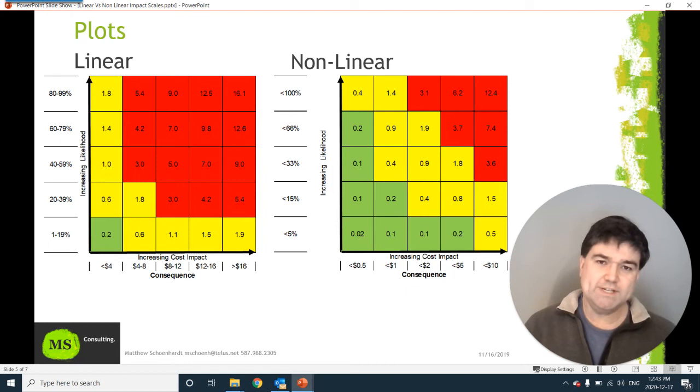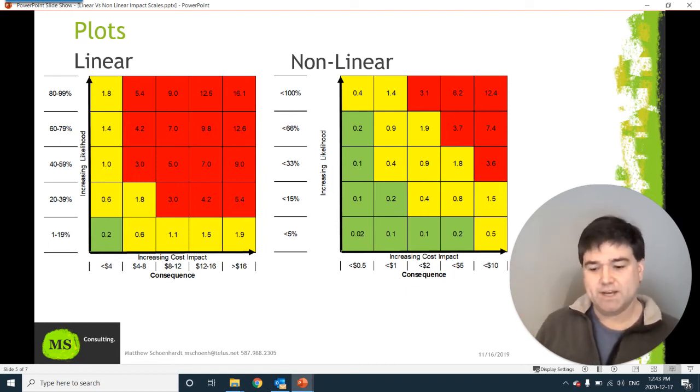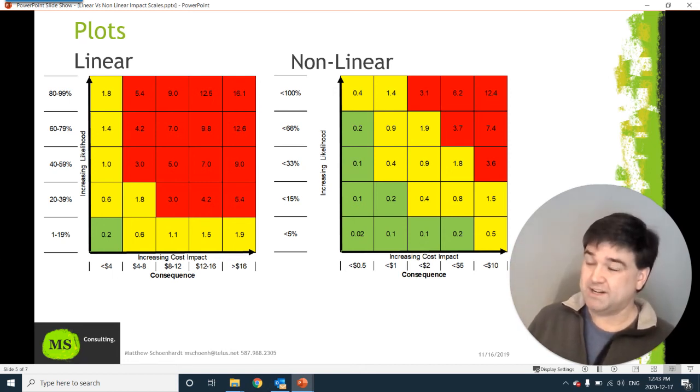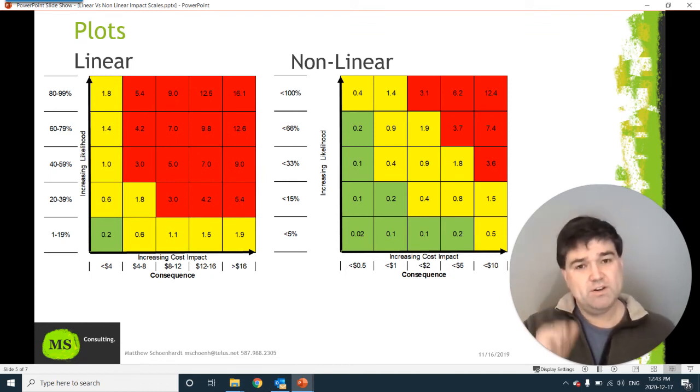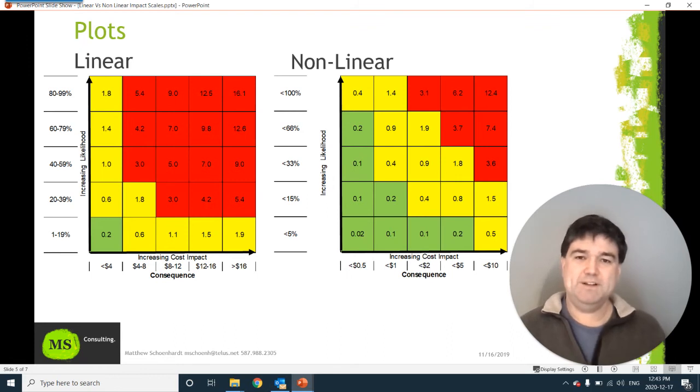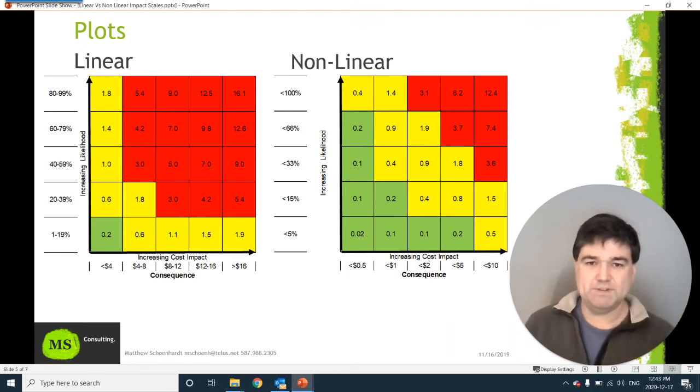When we plot the risk tolerance that we stated before on the linear scale on the left, we can see most of the graph is covered by red. We're going to have a lot of unacceptable risks. Whereas on the non-linear scale, we see a nice yellow band down the middle delimiting our unacceptable risks from our acceptable risks in that gray-yellow area. That's kind of nice, visually appealing.